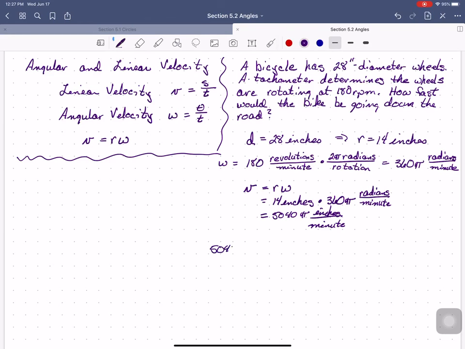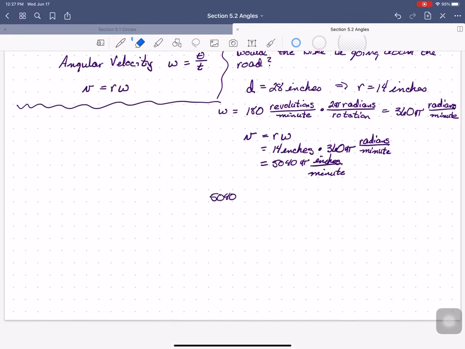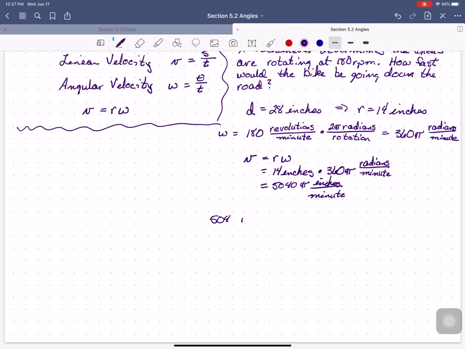So 5,040 times pi inches per minute. First I'm going to get us into hours, so I'm going to multiply by 60 minutes per hour. And now I want to go to miles.